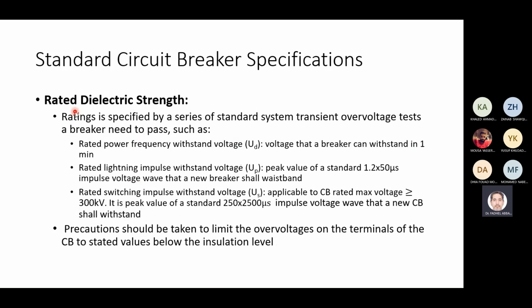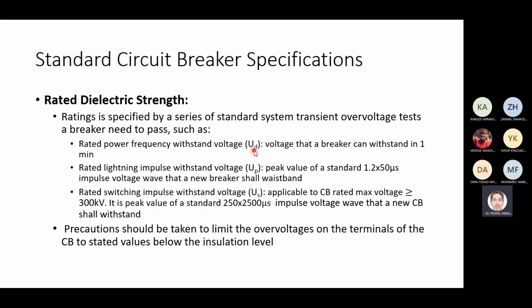If the dielectric fails, the breaker will get damaged. So we have different specifications for the voltage withstand of the circuit breaker. We have 3 terminologies: rated power frequency withstand voltage.